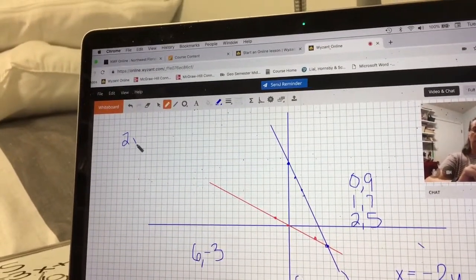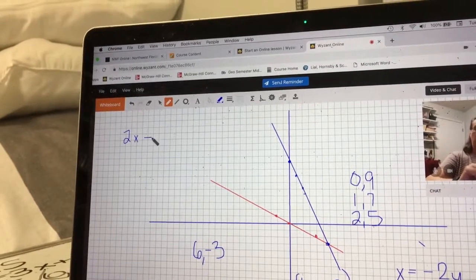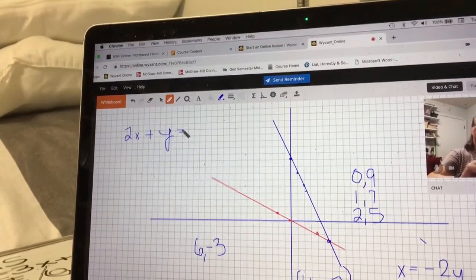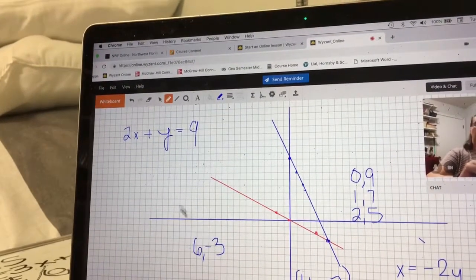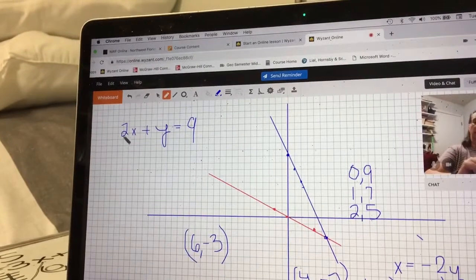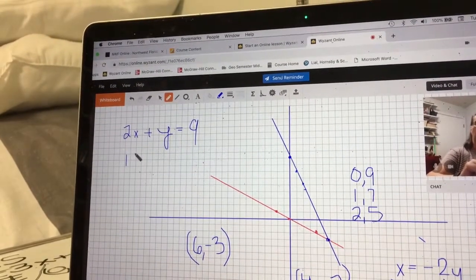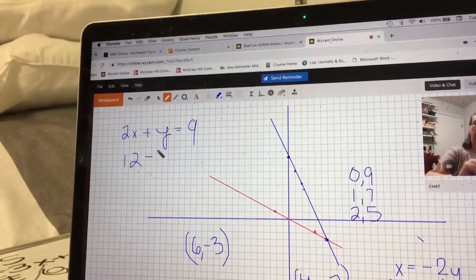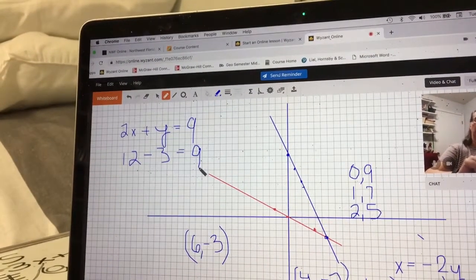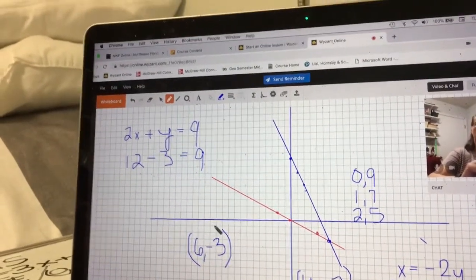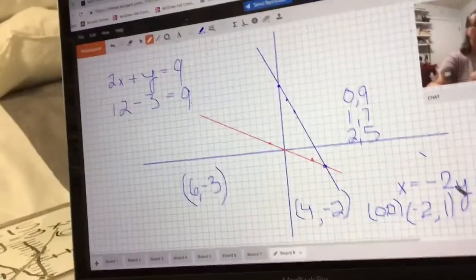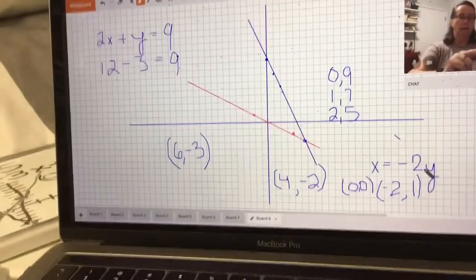The first line was 2x plus y is 9. And we're trying to check and see if this is a good guess. So if I plug in 2 times 6, I get a 12. Minus a 3 is a 9. Well, that was a good guess, wasn't it? And then the other equation, remember, is x is equal to negative 2y. Sorry about that.